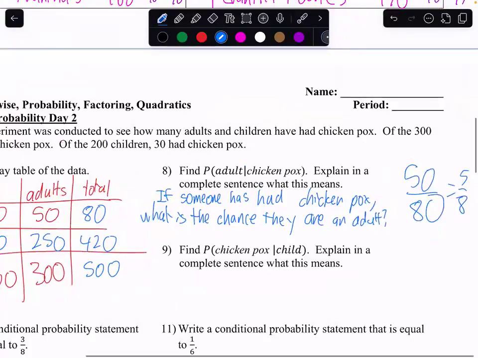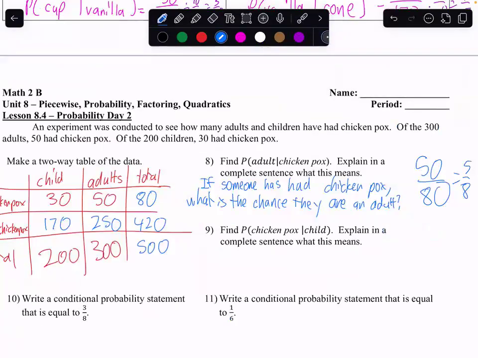Okay, probability of chickenpox given child. Here you know for sure you're talking to a child.